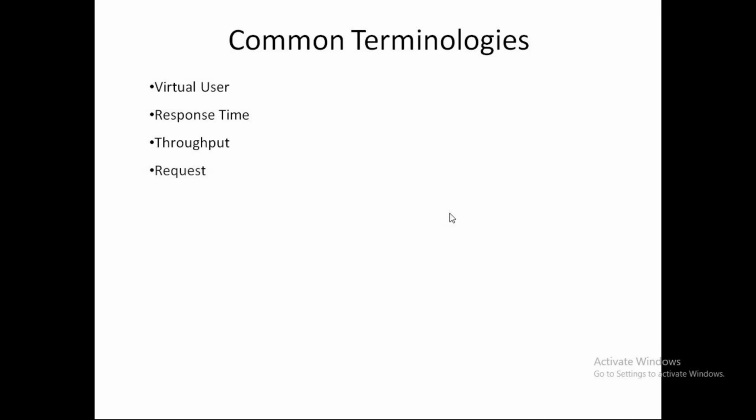Then we have a request. Request is nothing but it goes from the client to the server. So what is a request? Now whenever I perform any user action, for example, I launch one URL. When I launch the URL, after some time I can see some page on the browser, right? Some landing page on the browser.